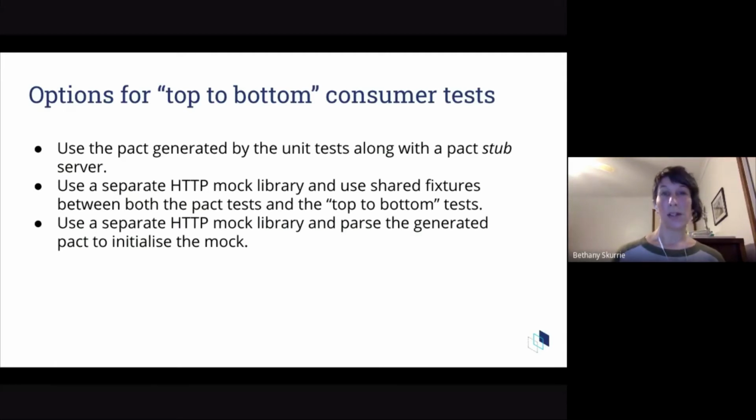You can also use a completely separate HTTP mock library and either use that generated Pact to prime the stub, or you can use shared fixtures between the code that does the stub and the code that generates your Pact. There's a fairly sophisticated stub called, I think it's Mountebank.